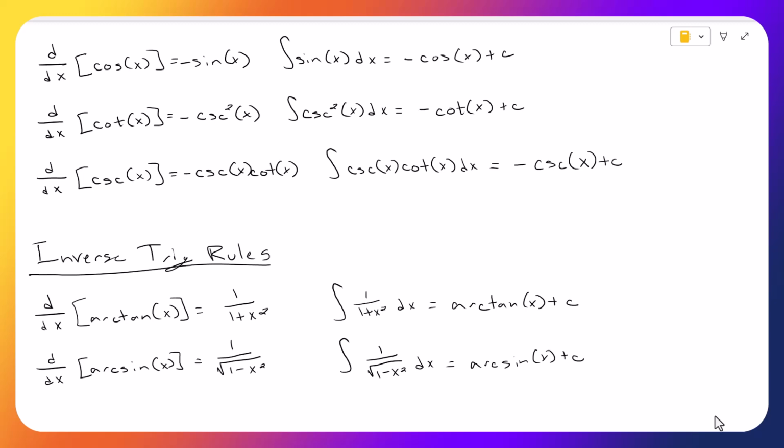So let's say find a function whose derivative is f prime. Actually, let me just write it this way: f prime times g plus f times g prime.